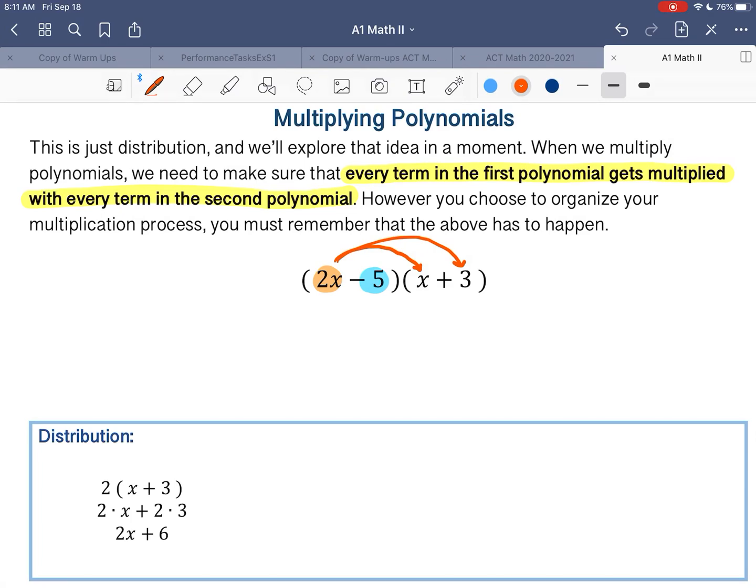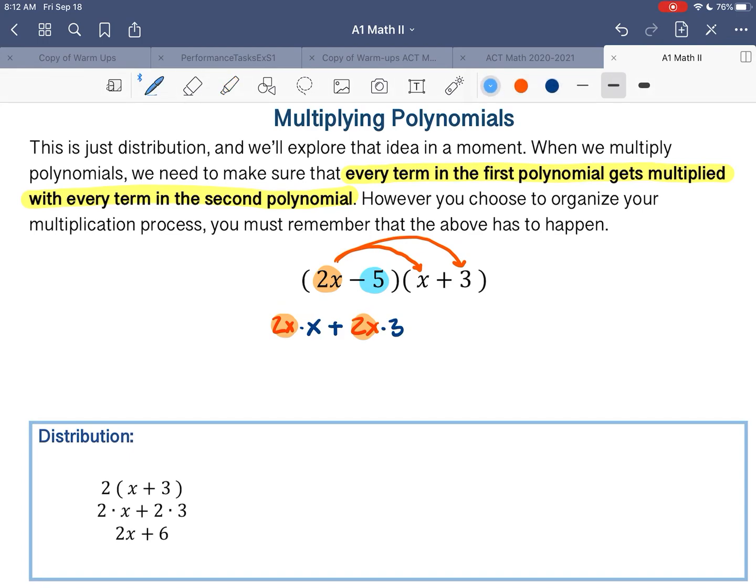So mathematically that's going to look like 2x times x plus 2x times 3. So here's my first term getting multiplied with everything in the second polynomial.